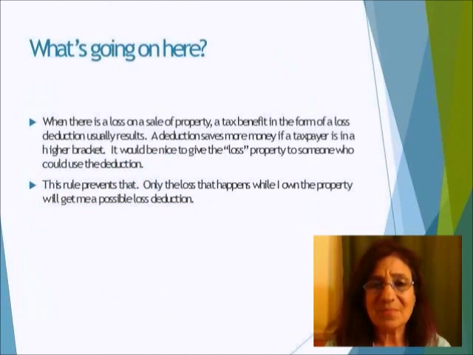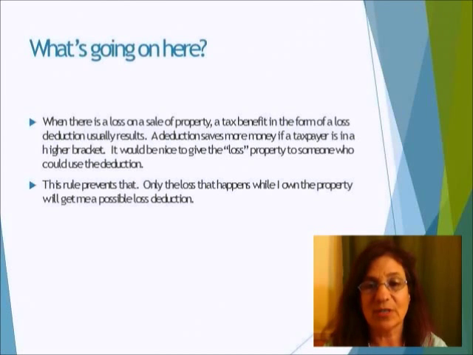Okay, now what is that about? Well, when property has depreciated, has gone down in value, if we sell it, that loss can turn into a deduction, which is nice. But deductions are more valuable to some people than to others. They're more valuable if income is in a higher bracket, and they are more valuable if you have enough income to deduct them from.